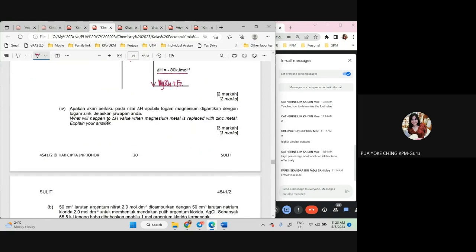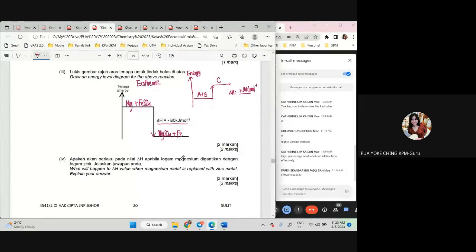Okay, so apa akan berlaku pada nilai delta H apabila logam magnesium digantikan zinc? So ini saya dah sebut tadi, delta H akan kurang. Ini dia tanya apa akan berlaku. So, you akan jawab nilai delta H lebih rendah.